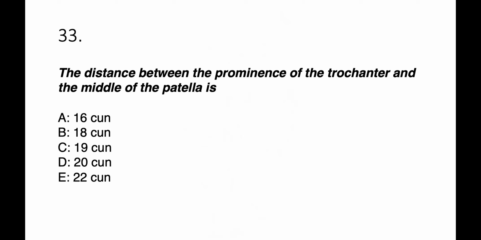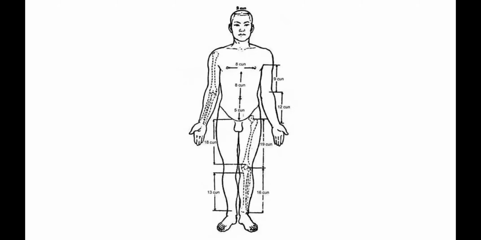Next, number 33. The distance between the prominence of the trochanter and the middle of the patella is... Nakita ko po yan, Doctor. C, 19. Check lang. C, 19 po, Doctor. Yan po yung kanina. Ayan po. Okay. Kabilang side.